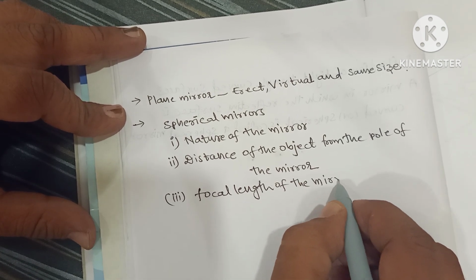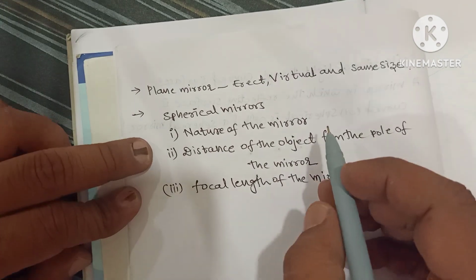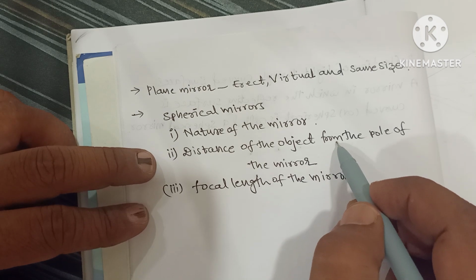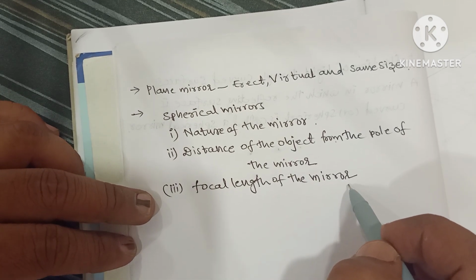So images formed by a spherical mirror always depend upon three factors: nature of the mirror, distance of the object from the pole of the mirror, and focal length of the mirror.